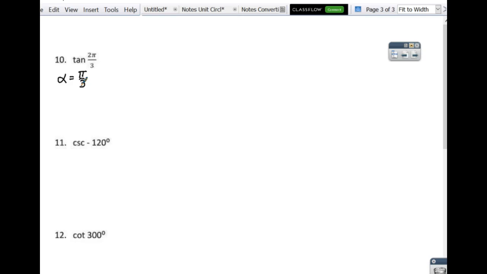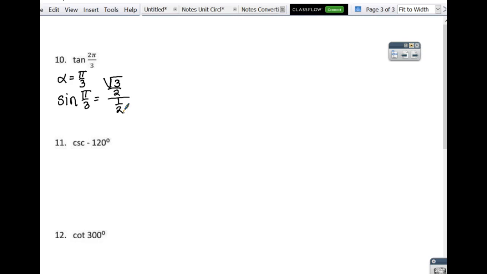So what's the y value at pi over 3? Y value at 60. It's a half? So it's square root of 3 over 2. And then the x value should be a half.